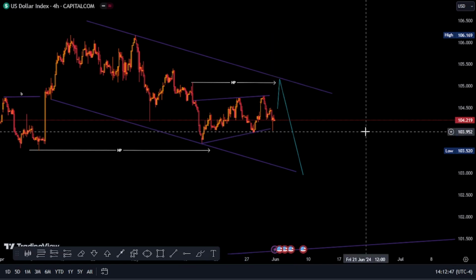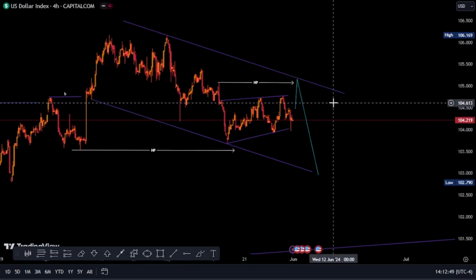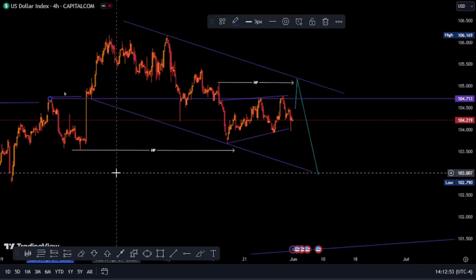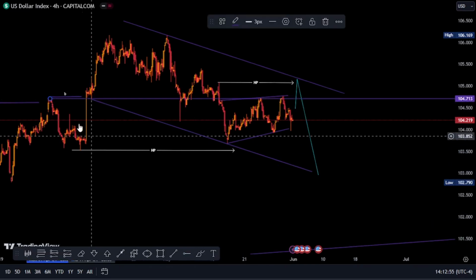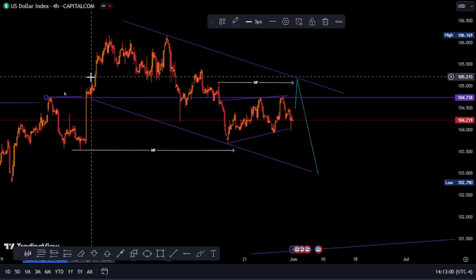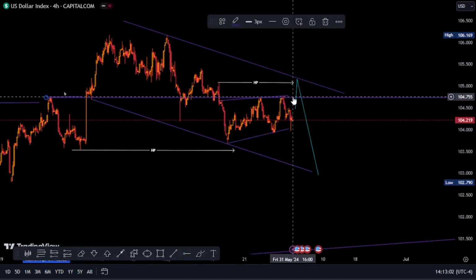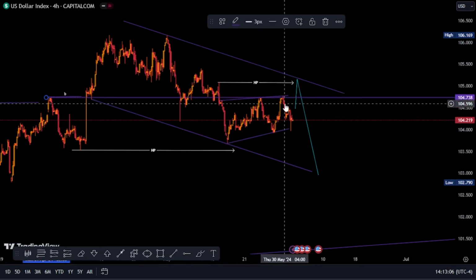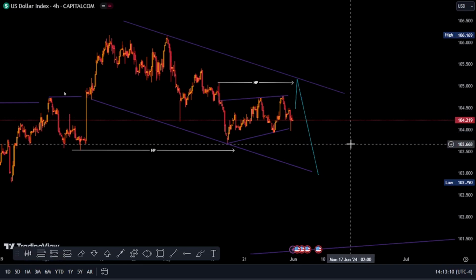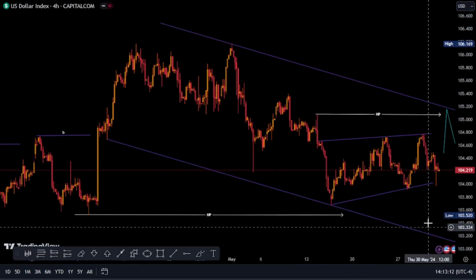Even if you look left, there's this, and this is powerful. It broke below. It's testing this support turned into resistance, and then it's moving to the downside.